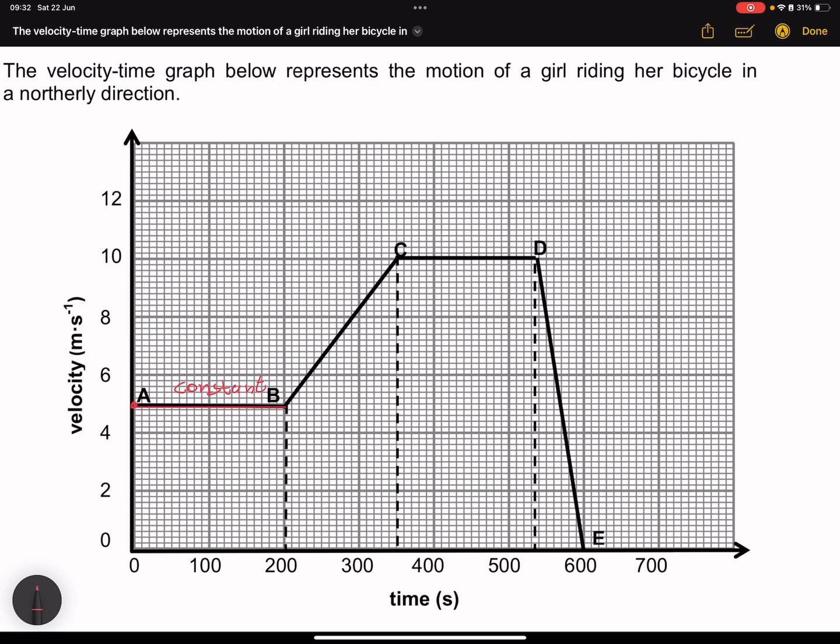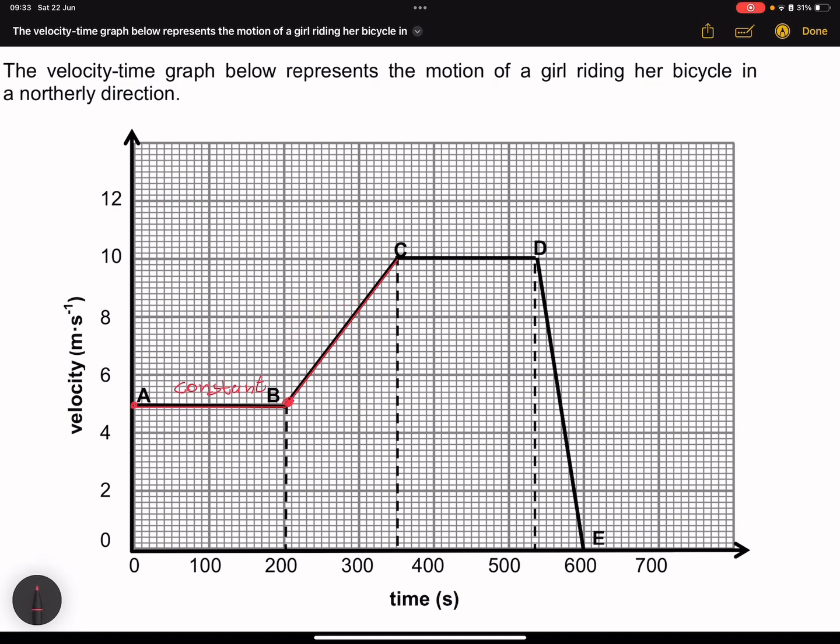Once she gets to B, she starts accelerating. Her velocity is increasing with time. So in this case, this is a positive acceleration. She is speeding up, or we can say she is increasing in velocity.